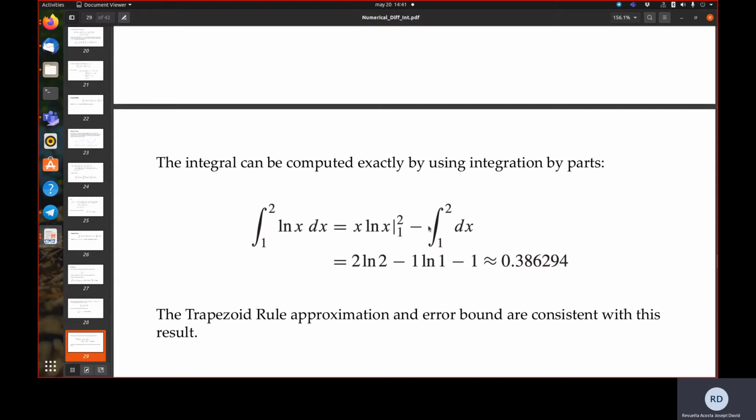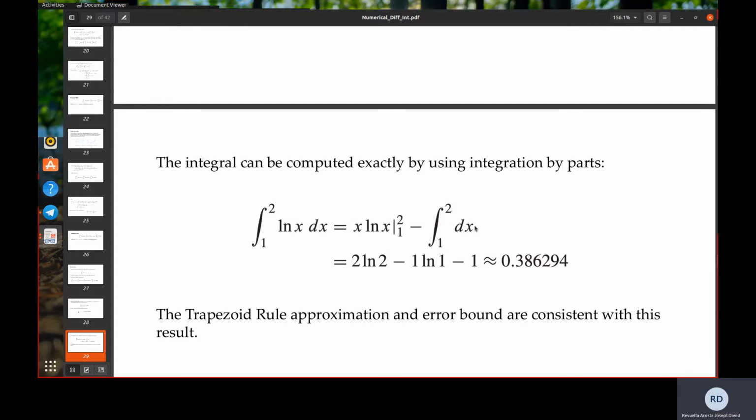To x, well, this is by default, remember, a formula. So the integration of natural log of x is equal to x natural log of x evaluating from 1 to 2, minus the integration of dx. This is the formula we have here.